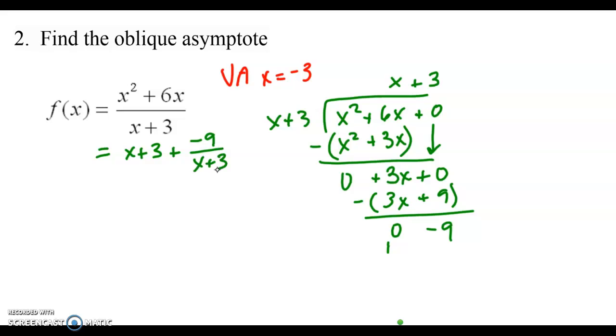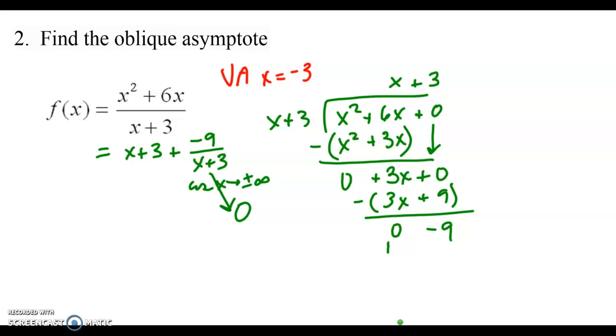Now we look for the limit: what happens when x goes to positive infinity or x goes to negative infinity? Specifically, what happens here? Well, we see that as x goes towards positive and negative infinity, this expression approaches 0, or gets infinitely small. So it's negligible.